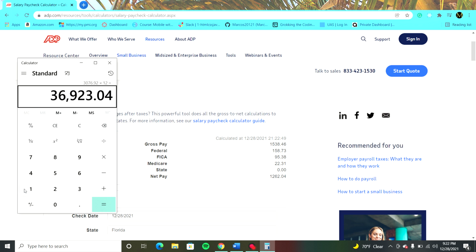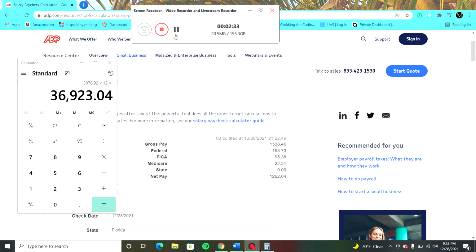That means, hmm, it may show 36,000 here. That's because we have certain weeks during certain months where we get an extra payday. So I believe in one of these months we get three paydays instead of two. So that's why it's showing 36 instead of 40,000.